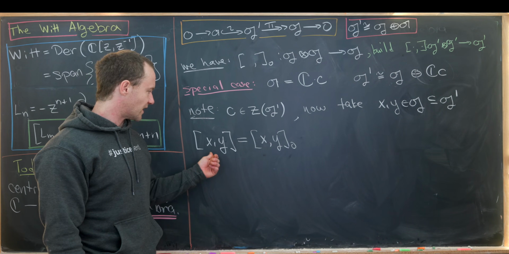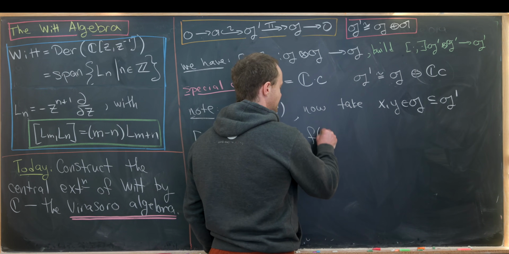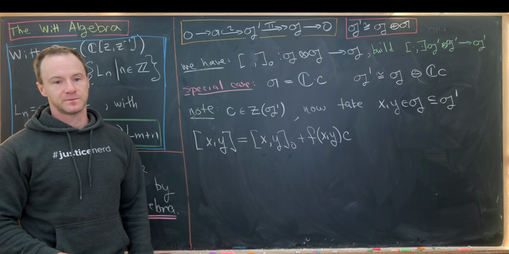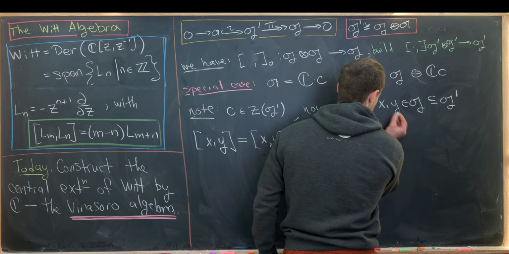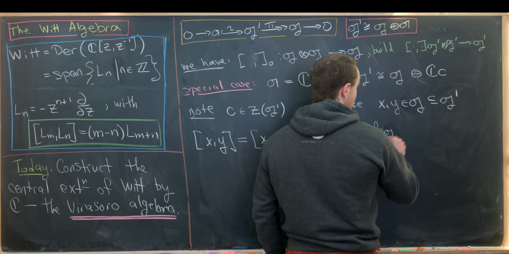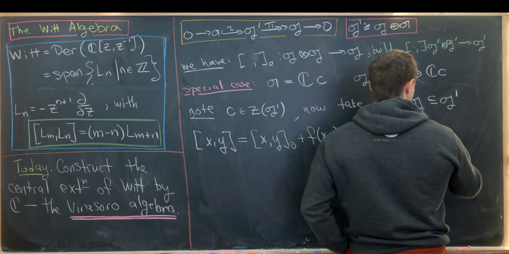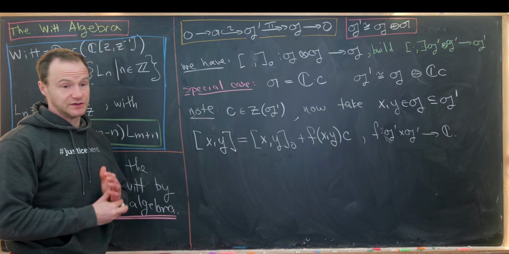And that multiple of our new vector will depend on X and Y. So here I'll write this as f(X,Y) times our new vector, where this function f goes from G prime cross G prime to the complex numbers.